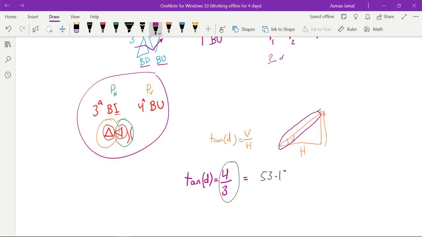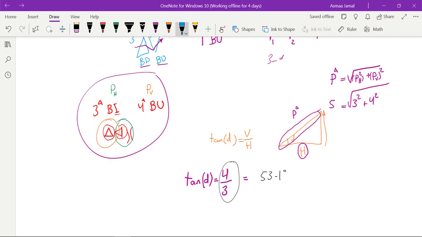And then we can use Pythagoras' theorem when we want to find this. Let's call it the total power of the prism. The total prismatic power here equals the square root of the horizontal power squared plus the vertical power squared. So 3 squared plus 4 squared under the root, the result will be 5.